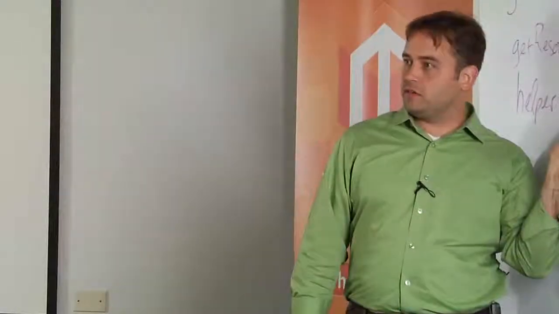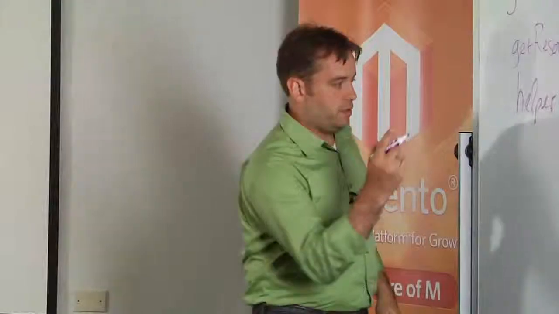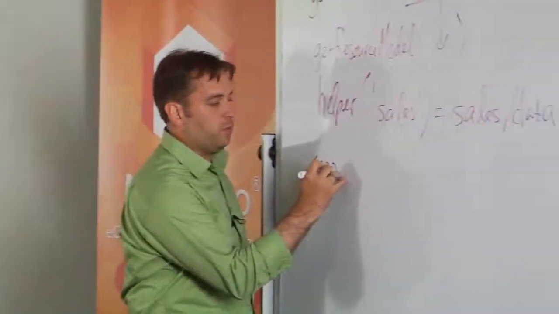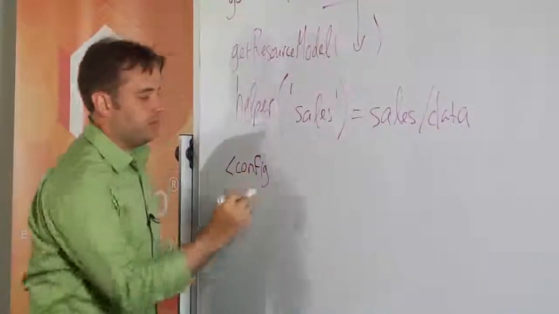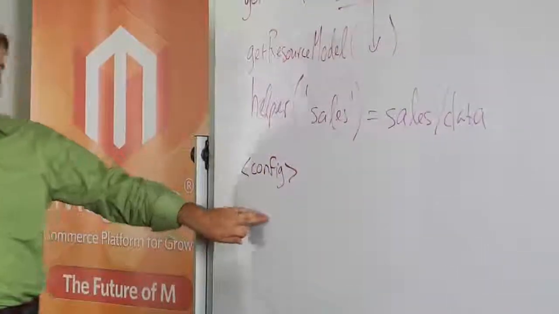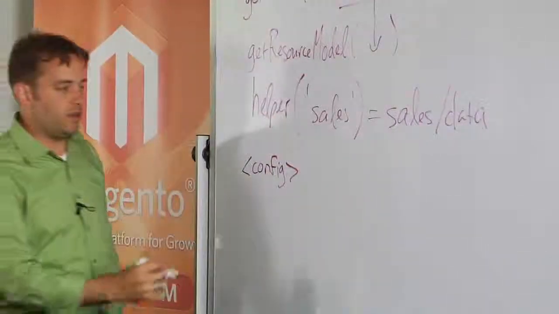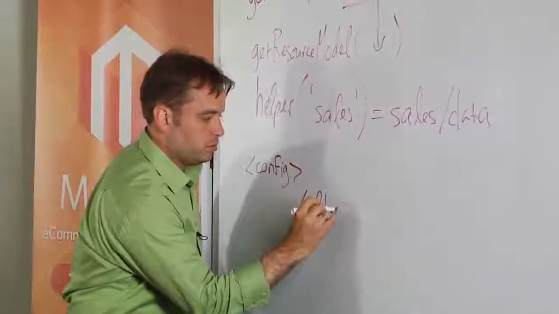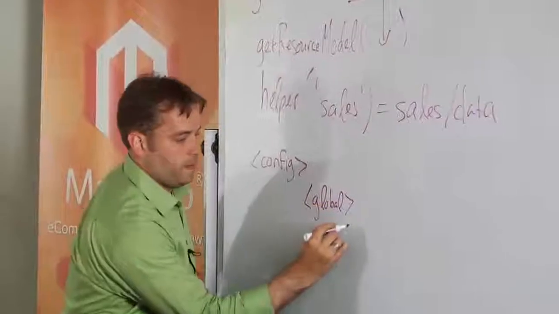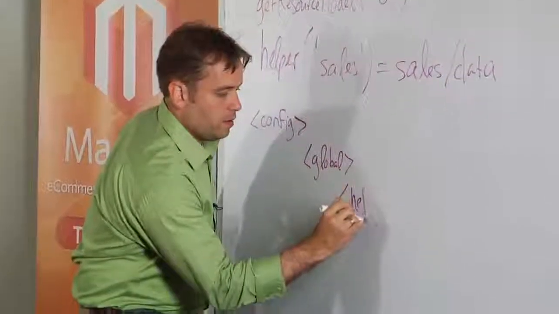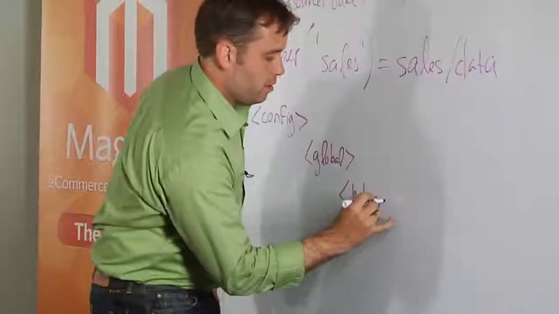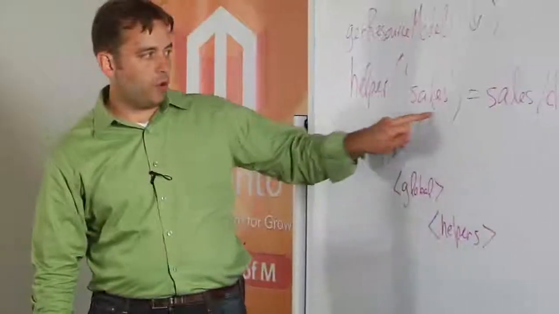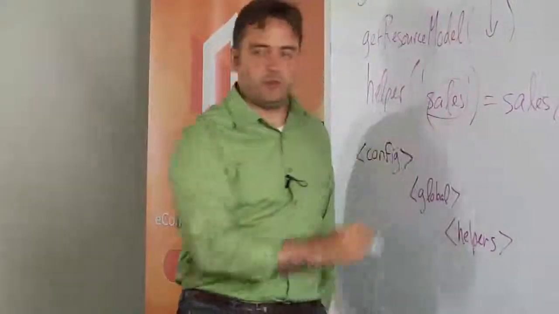This sales here will actually map to a configuration file, or will hopefully, anyway, the config object will look in config global helpers for a node with the value sales.